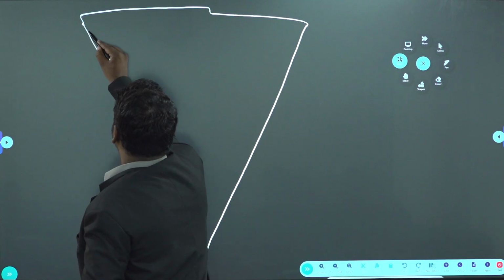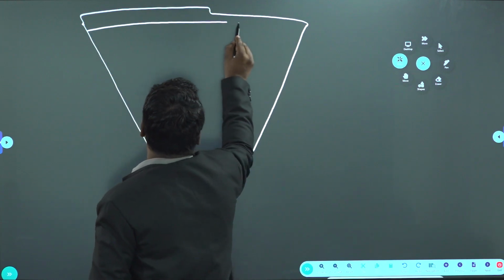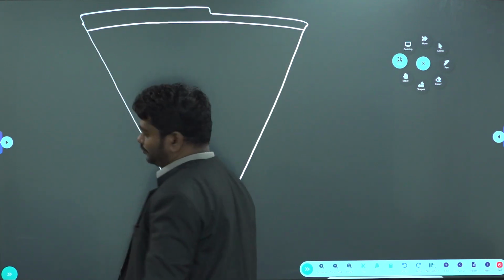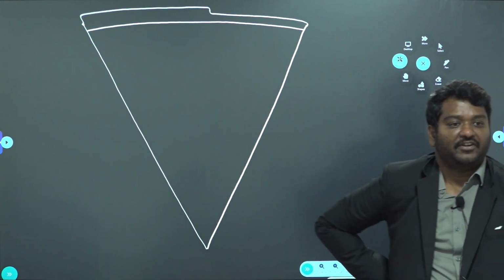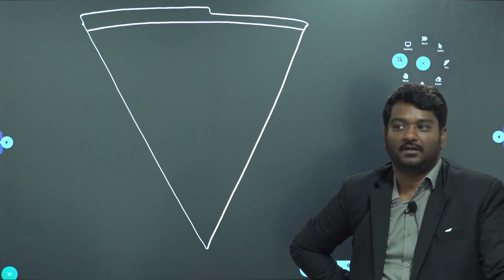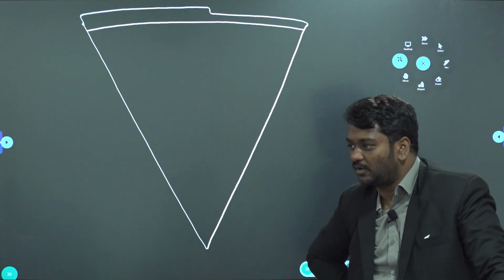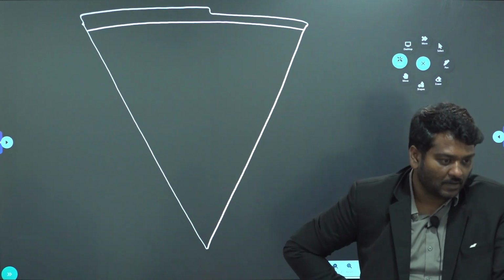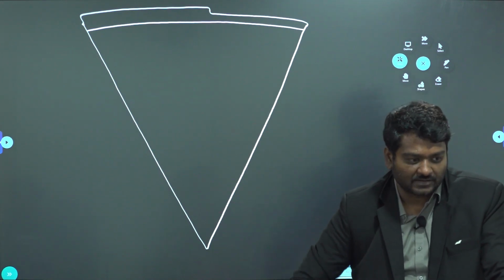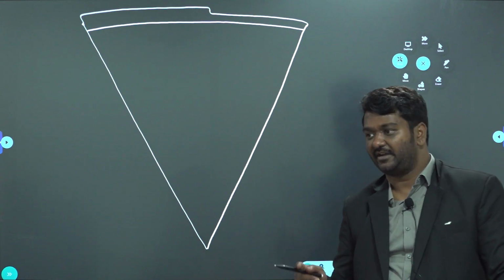Interior of the earth. First, what all are the direct evidences? Direct evidences. What all comes? Volcano. Earthquakes are indirect. Seismic waves are indirect.